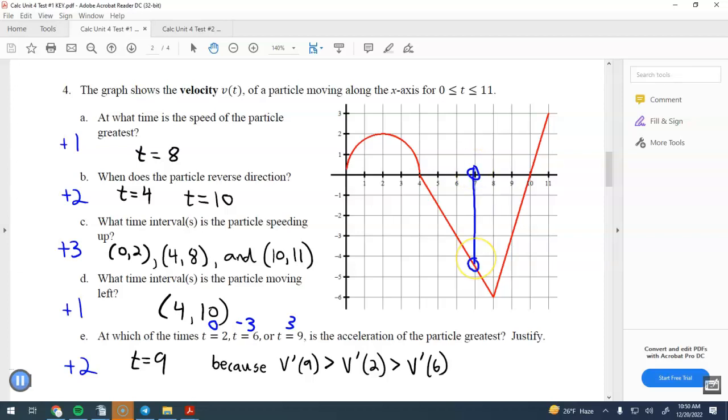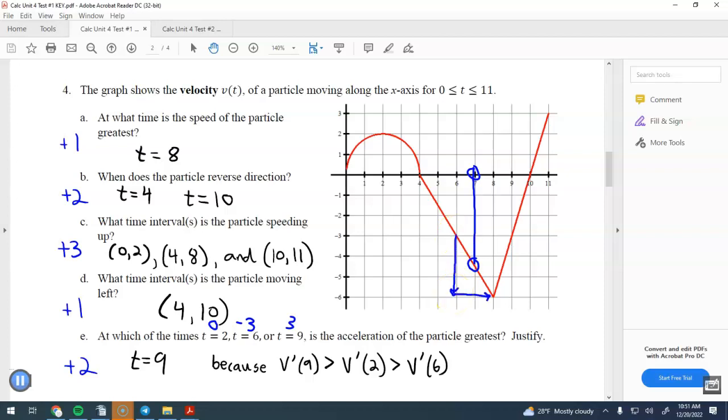Let's go through this. This is good. What is the velocity of this particle right here? Negative 4.5. What's the speed of this particle right here? Positive 4.5. What's the acceleration of the particle right here? Yes, because it's the slope.